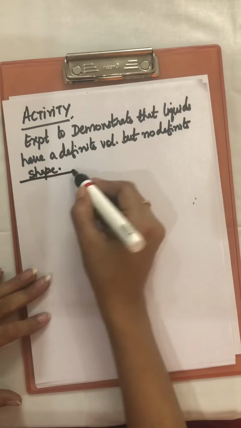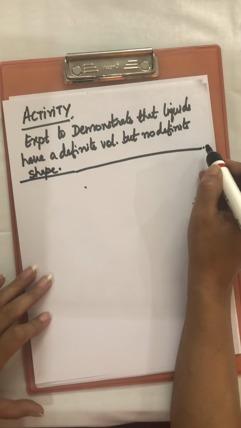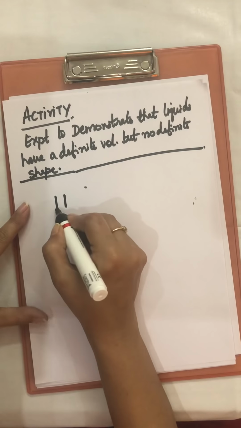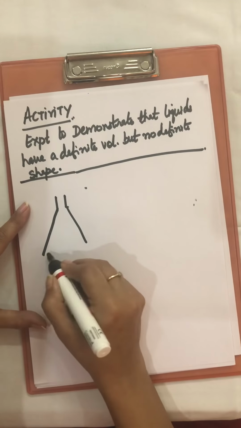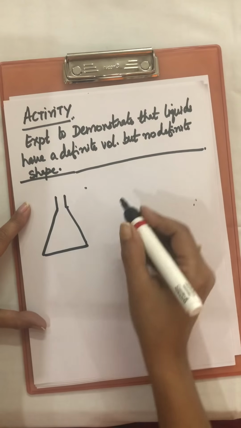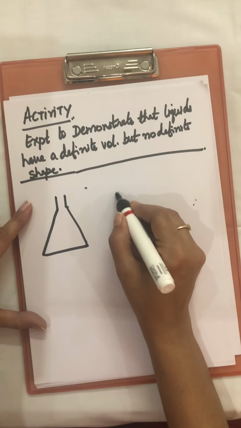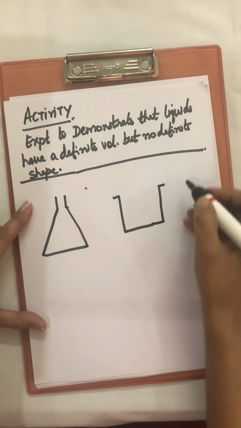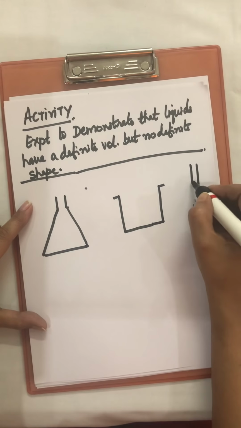For this activity, we are taking 3 containers of different shapes. One flask, one beaker, and one measuring flask.